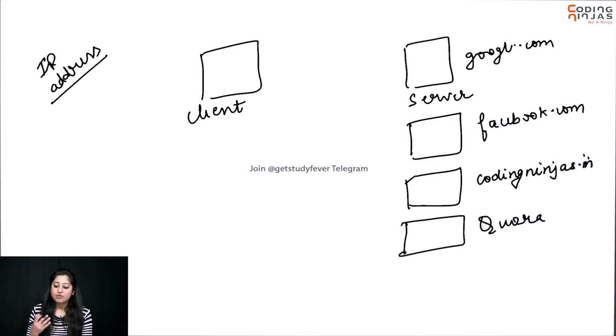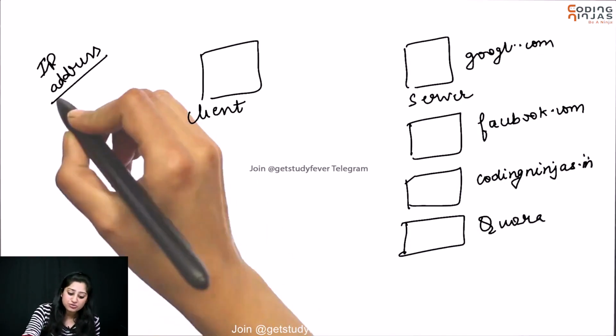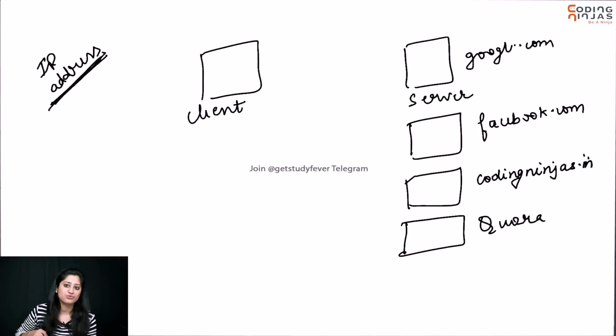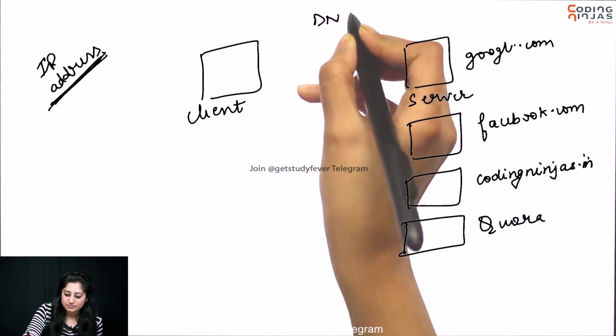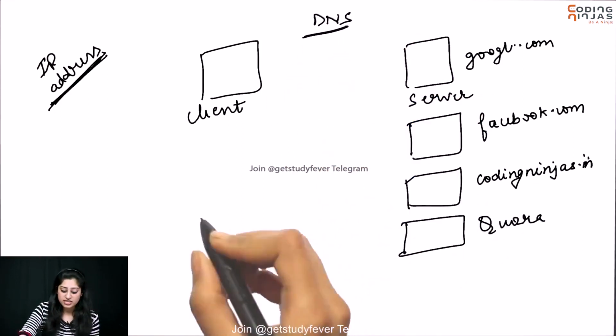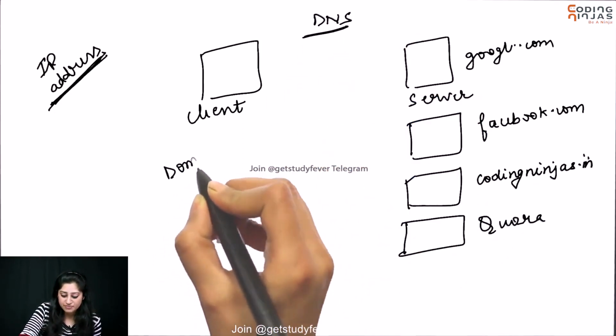So what ideally we would want is, if I want to open Google, I'll connect with the Google server and get that response. In order to get that response, I should know the IP address of the Google server. Now, how will you get that IP address? This is where DNS comes into the picture. What is DNS? DNS is the domain name system.